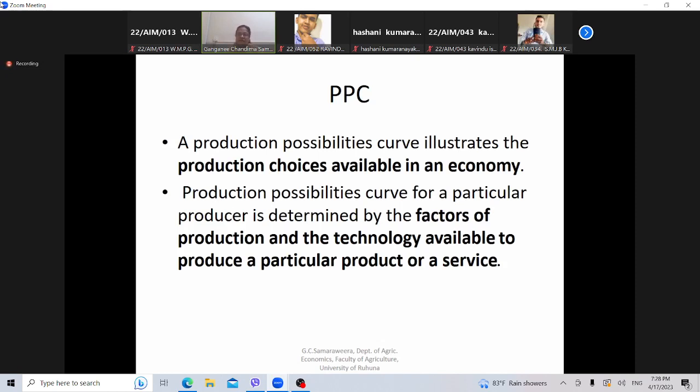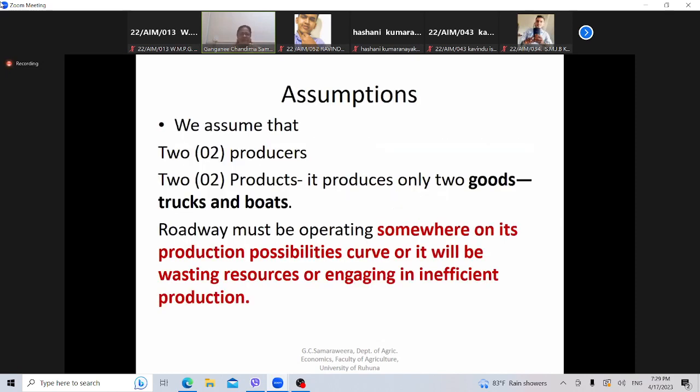Let's say the producer has land, labor, capital, money and all, but he doesn't know how to use advanced technology. If he fulfills all these requirements, land, labor, capital, entrepreneurship, and high technology, the producer can produce at the lowest possible cost. That's why the production possibility curve comes.